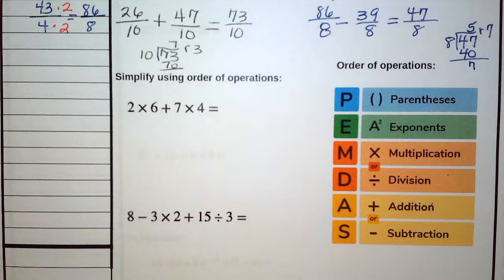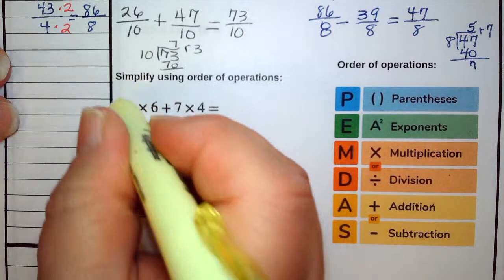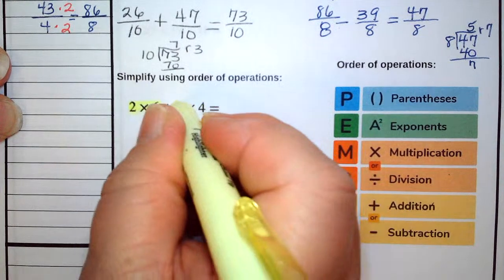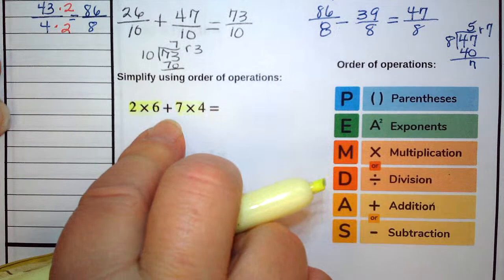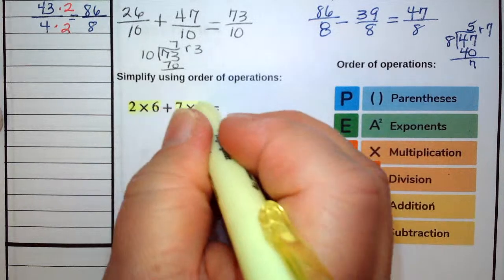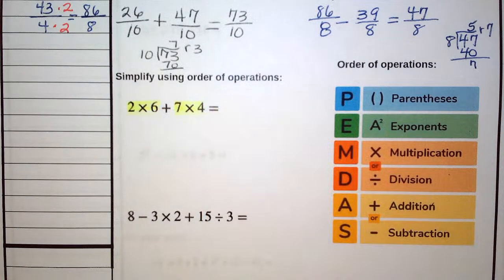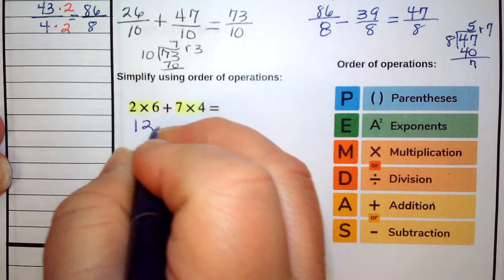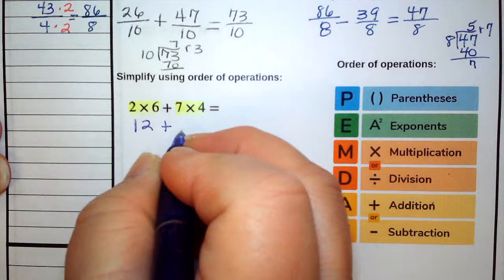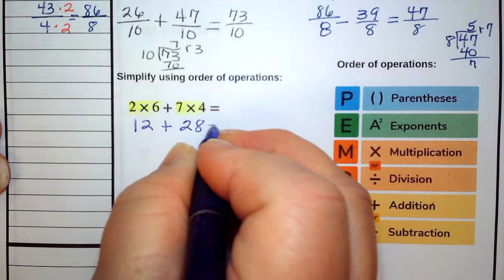So I do the multiplication first. Now these are separated with a plus, so I can do them both at the same time. 2 times 6 is 12. 7 times 4 is 28.